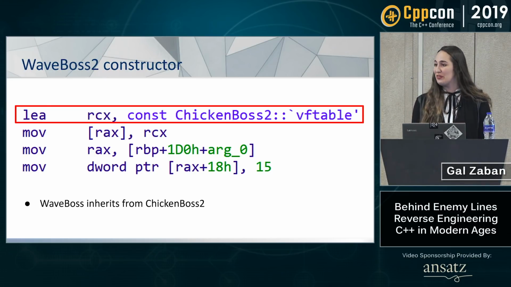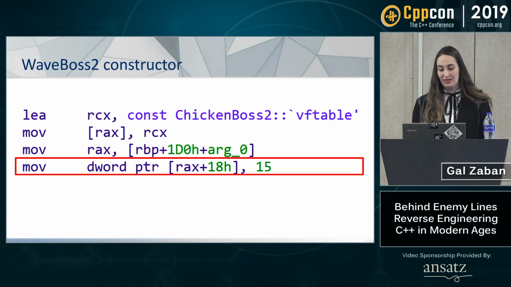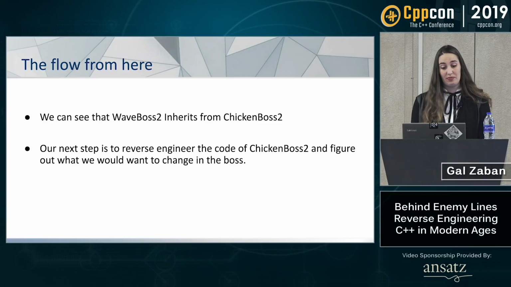Okay, wave boss constructor. First we have what we learned so far: the vtable is stored in the first bytes. Then we have some member there, the number 15, but we still don't know what this member is, and we will need further checks before we decide what to do with it.